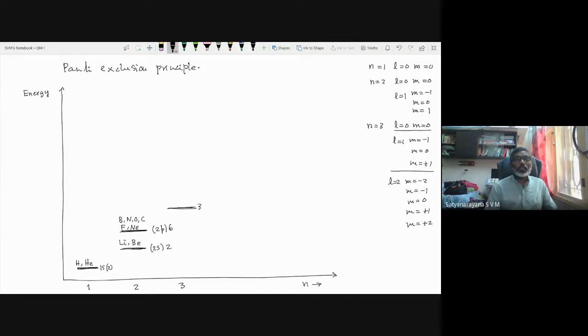So this is 3s, there will be 2 electrons, and then you have 3p, there will be 6 electrons, and then you have 3d, there will be 10 electrons. Okay.